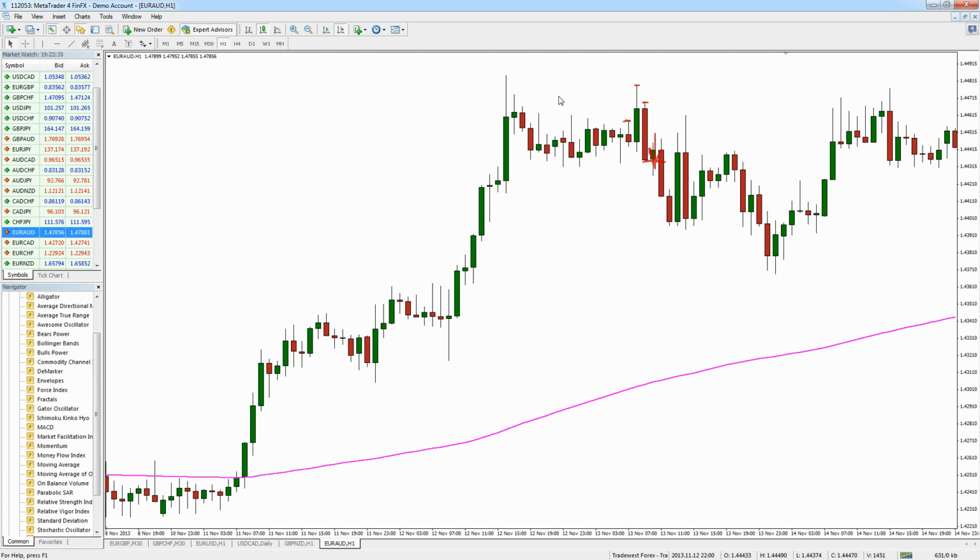Take your charts over the weekend, drag them all the way to the right, turn off auto scroll, and start walking this stuff forward. Using that F12 key, you can practice these methods and get familiar with them, get confident in them, because that's really what counts with any of these strategies: you need to be confident that they're going to work, so that way you'll hold on to the trades for as long as possible to catch these big moves.